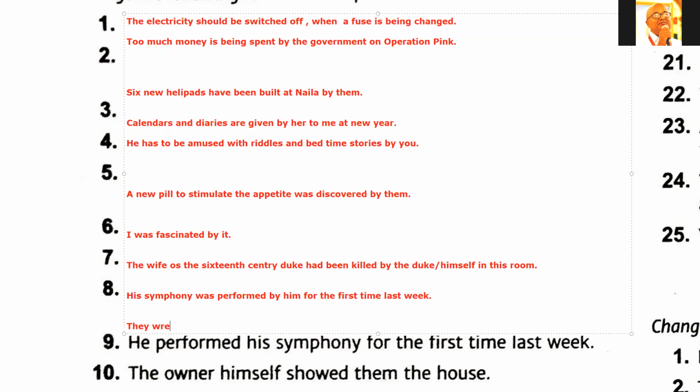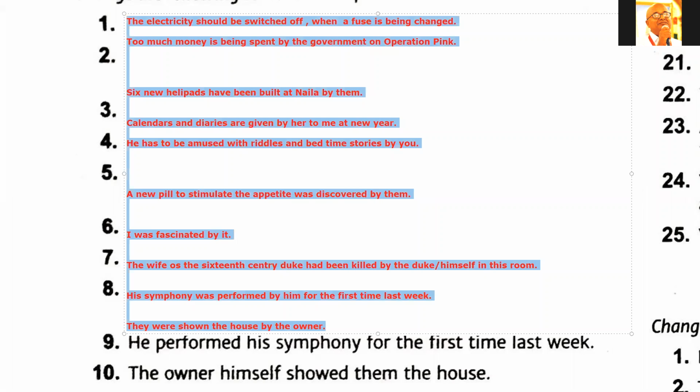So they were shown the house by the owner, or you can make it like the house was shown by the owner to them. So this is how you should go about it.